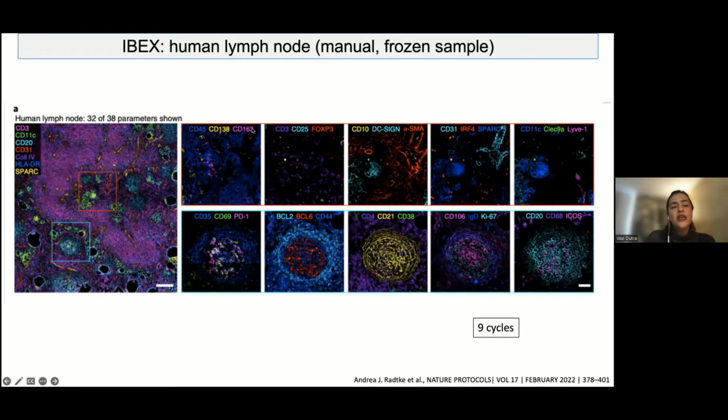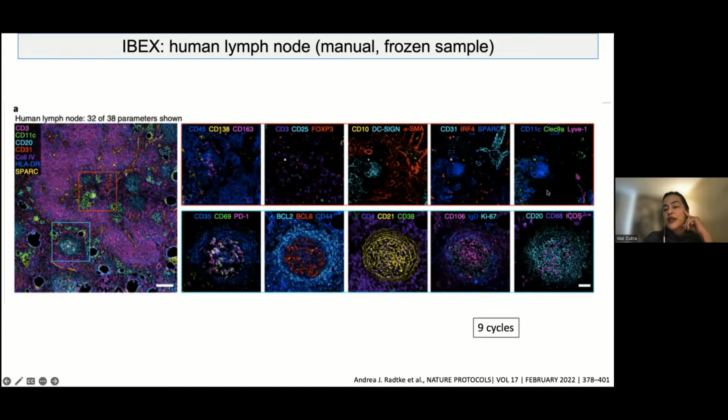And obviously, you can also use markers that are functionally expressed by different cell types. For example, FOXP3, as you know, is expressed by regulatory T cells. So you can see T cells that express CD3 as well as FOXP3, for example. You can also use markers for other structures that you find in the lymph node, not only the cell populations, but you can stain for blood vessels and also for lymphatic vessels in this tissue.